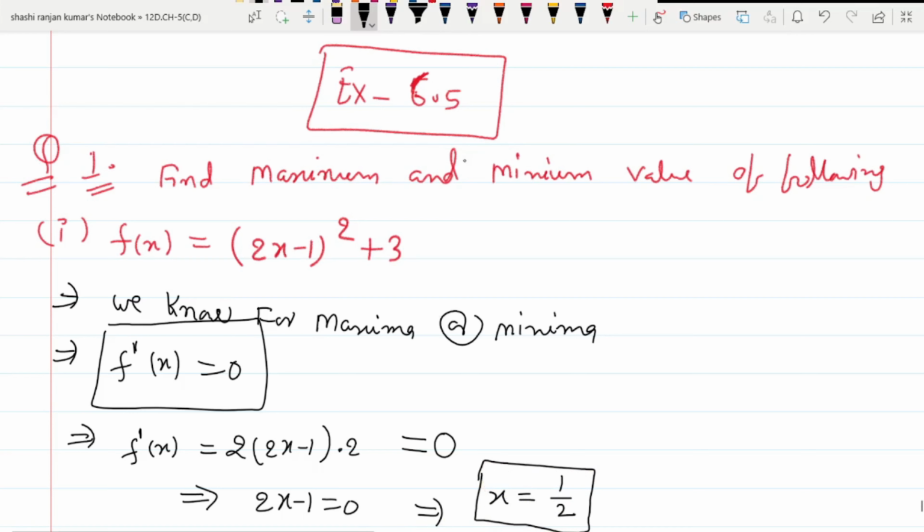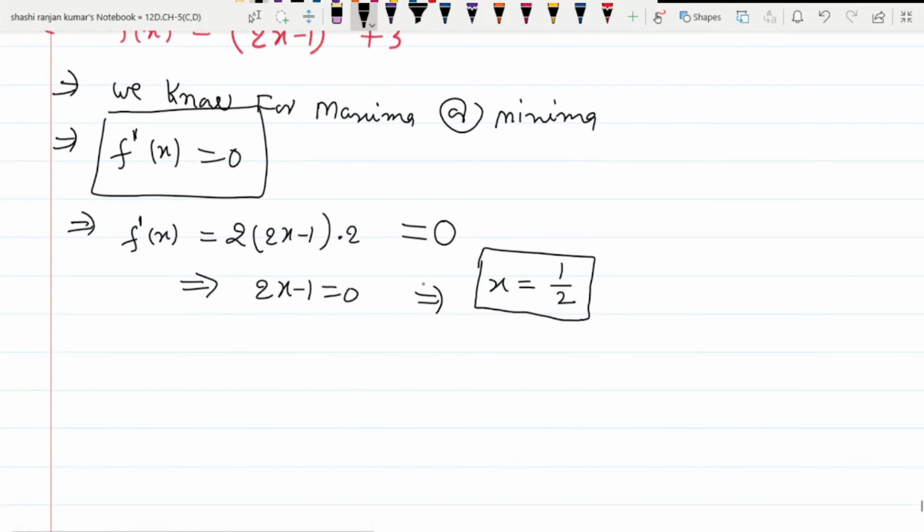Now we have to check whether x equal to 1 by 2 is the point of maxima or point of minima. So if we plot on the number line, this side is minus infinity and this side plus infinity.